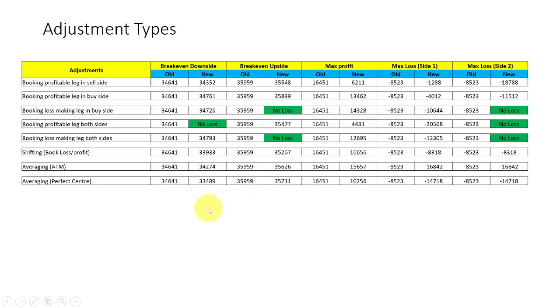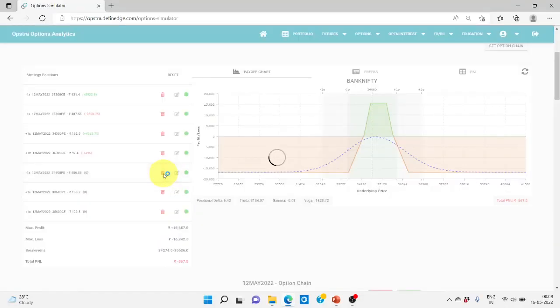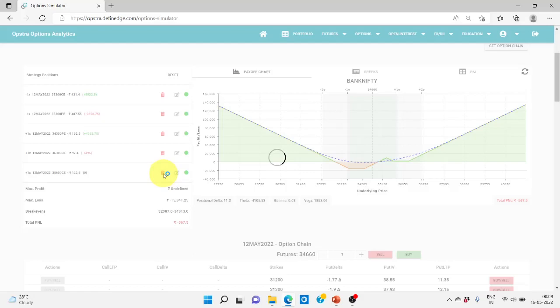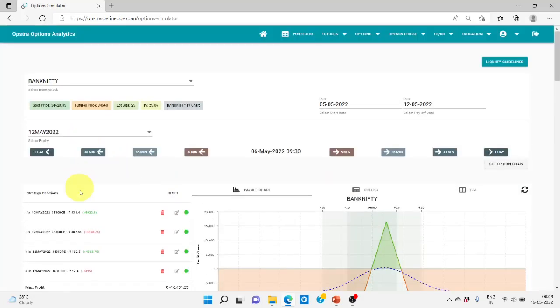And there is one more case where we can average to the perfect center, which means we are not going to average at the ATM of where the market price is now. When I say a perfect center of averaging, what I mean is, say now the market has moved 600 to 700 points from where we started our position. So if we move another 700 points, it would be 33,900.